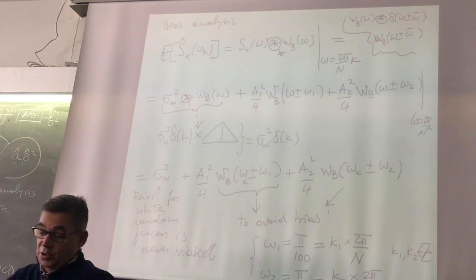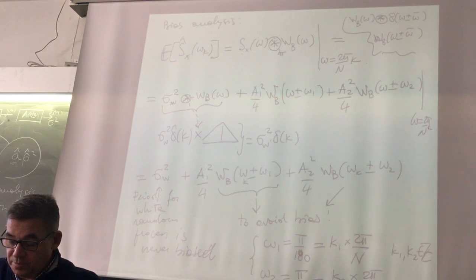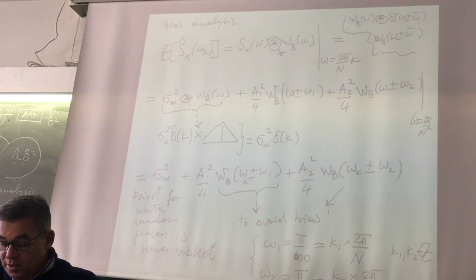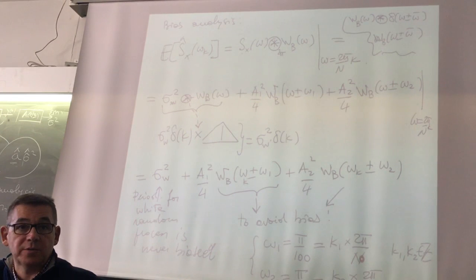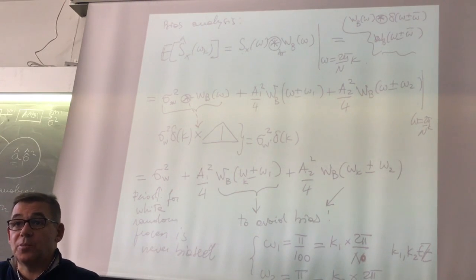The condition is easy because, looking at here, it is pi divided by 100, so it is 2 pi divided by 200, which means that n should be at least equal to 200, at least, the minimum. So n should be any integer multiple of 200.